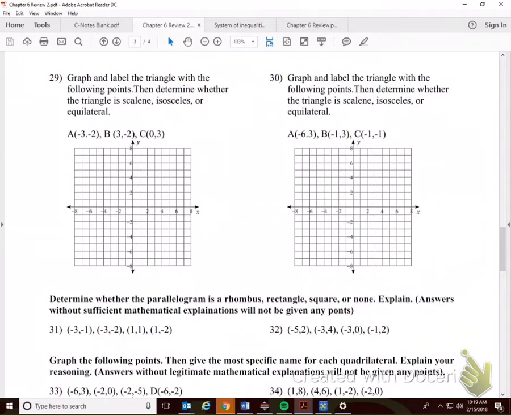If you're a rhombus, it is equilateral, meaning all the sides are the same. Don't care about the angles. And finally, we have the square, which is both a rhombus and a rectangle. Every single square is a rhombus. Every single square is also a rectangle. We just have a slightly more specific name for it.